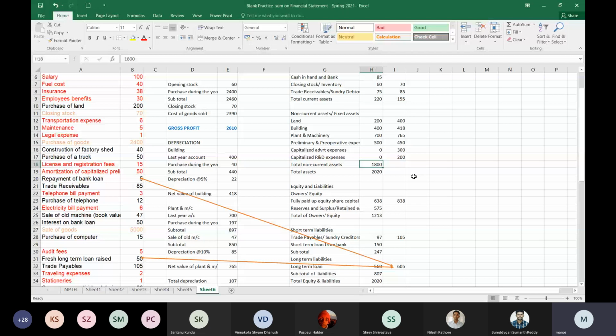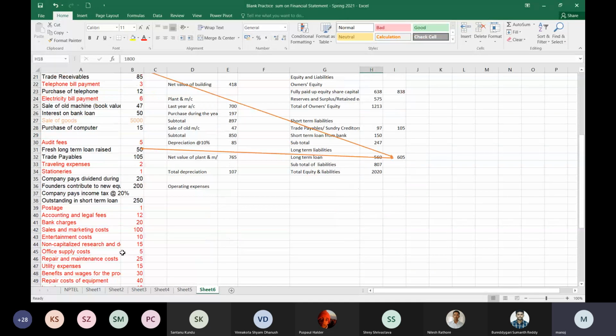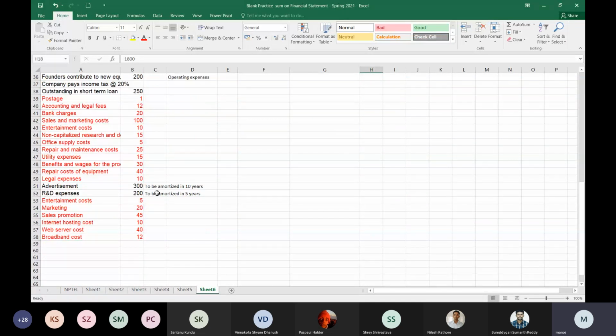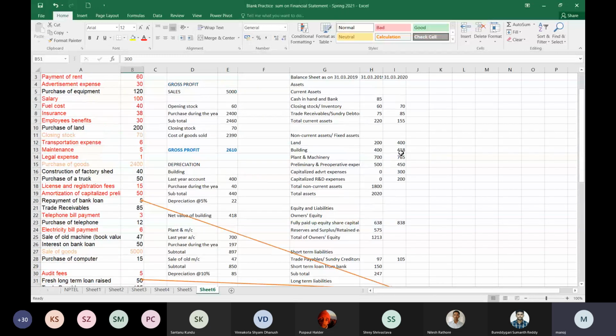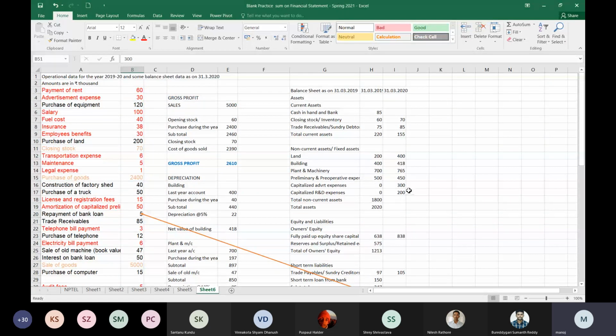Right. Now suppose you decide that even though you have incurred these expenses this year, you want to start amortizing this year itself. So if you are amortizing in 10 years, how much is the amortization this year? 30 rupees. 300 divided by 10. So this does not become 300.